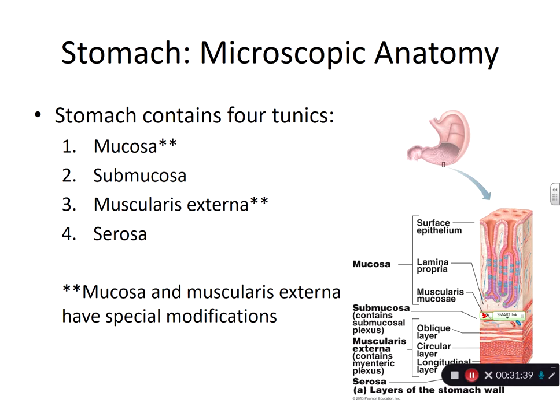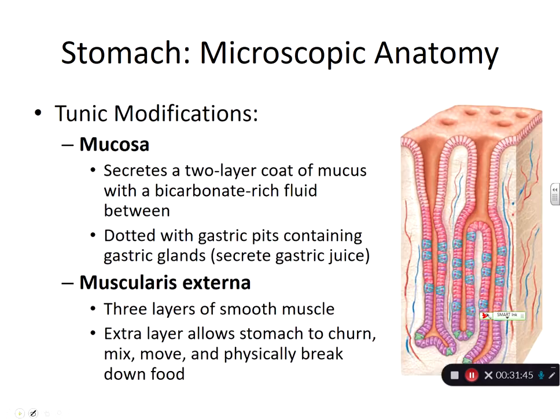And also the muscularis externa. That muscle layer in the stomach's a little different. So for the mucosa, that lining of the stomach, it is different because it secretes mucus that is rich in bicarbonate.